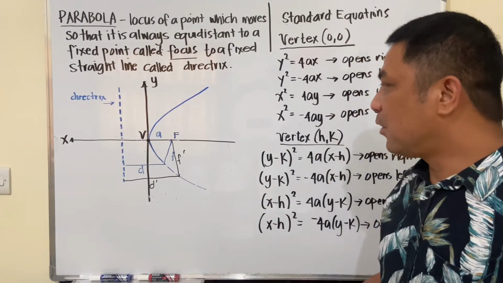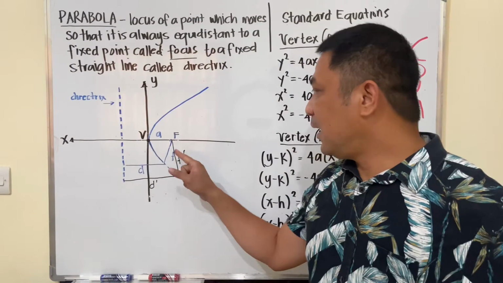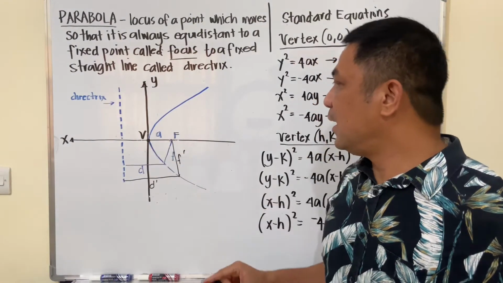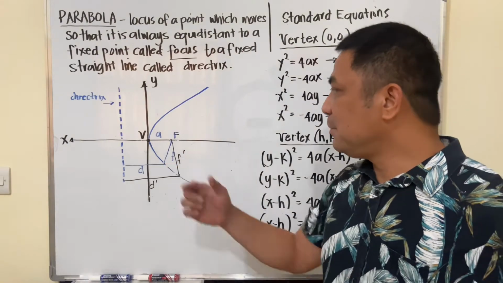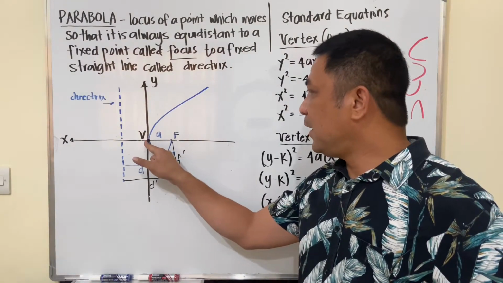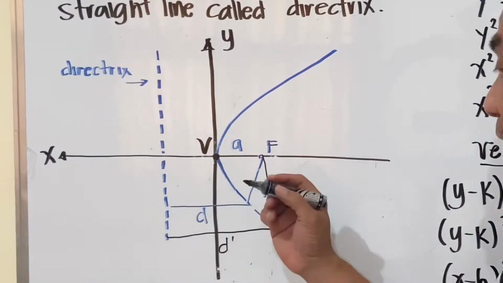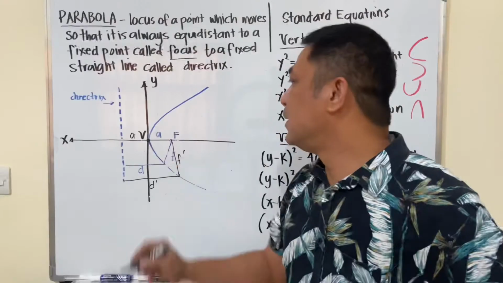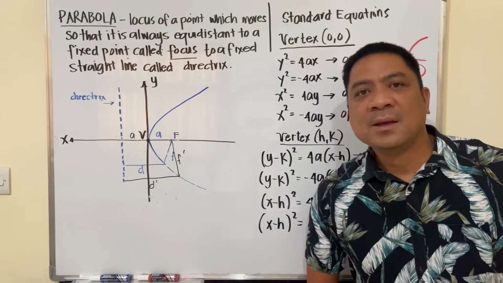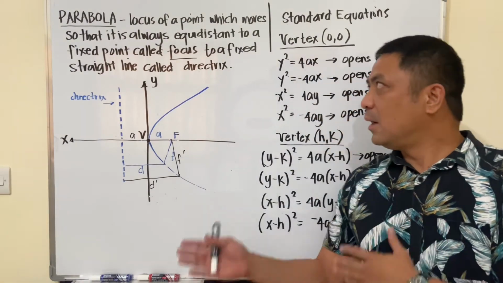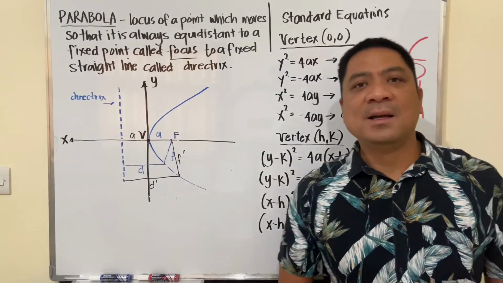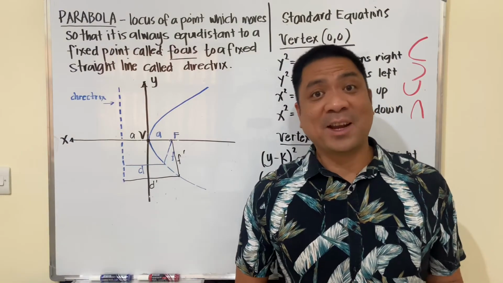And from your vertex to your directrix, going back to the definition of your parabola, this is also a. Again, to better understand parabola, let's do some more examples.